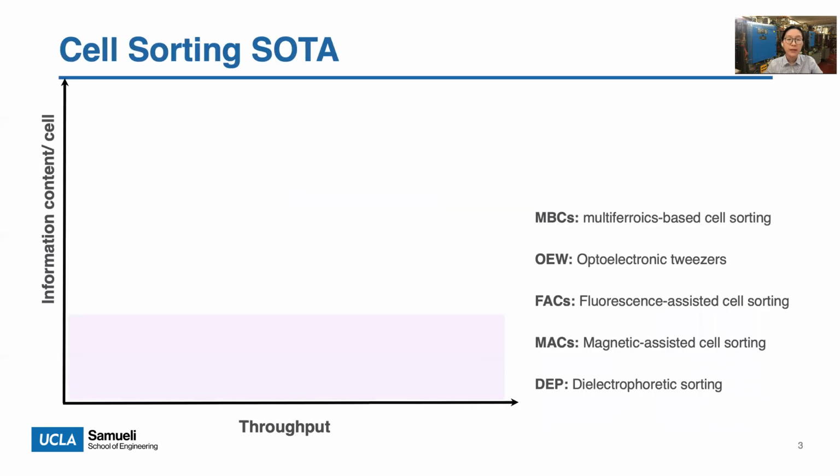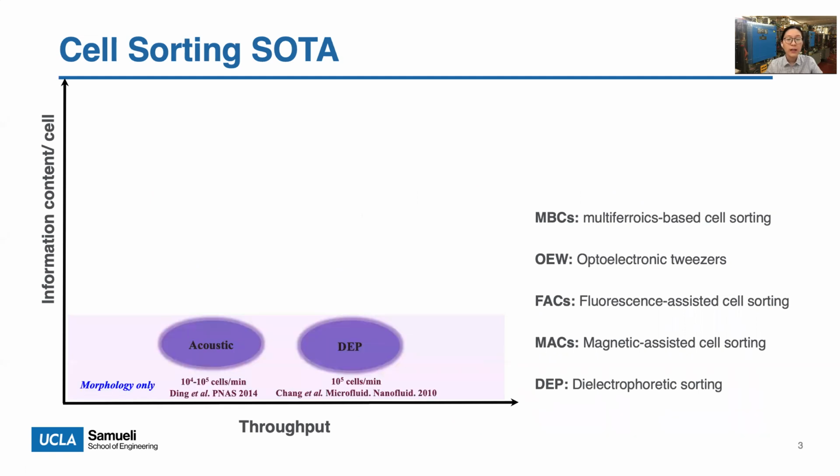So before diving into the platform, I will give you a quick overview of the cell sorting state of the art. On the horizontal axis, we have throughput, and on the vertical axis, we have information content per cell. From the bottom up, if we only care about morphology, such as cell shape, acoustic and dielectrophoretic sorting would work.